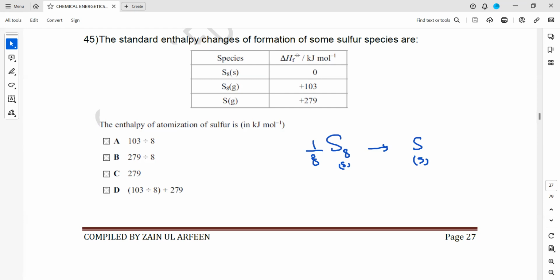Now how to work it out? We want to produce one sulfur atom in a gaseous state. In the question, sulfur solid is already there, so its formation is 0. But the formation of gaseous S8 is 103, and the formation of sulfur in a gaseous state is 279.